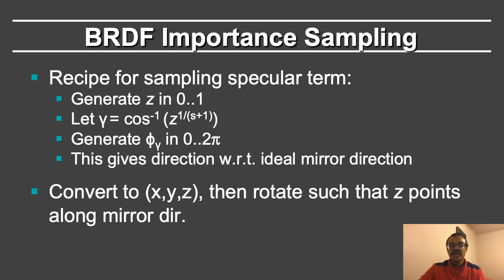Finally, you generate phi in the 0 to 2 pi range. That's 2 pi times your uniform random variable. This gives you the direction with respect to the ideal mirror direction, and then you need to apply a rotation or a coordinate frame transformation to actually get the direction. In this case, z will point towards the mirror direction.